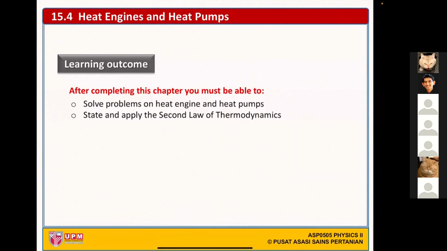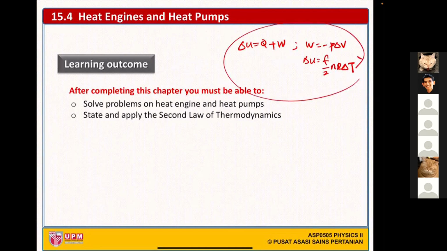But anything yang kita nak buat dalam konsep law of thermodynamics, gunakan equation delta U is equal to Q plus W, whereby W is equal to negative P, the change in V, and delta U is equal to F divided by 2 and R, the change in T. So kita gunakan konsep ini, insyaAllah tak ada masalah nak selesaikan problem dalam first law of thermodynamic concept.